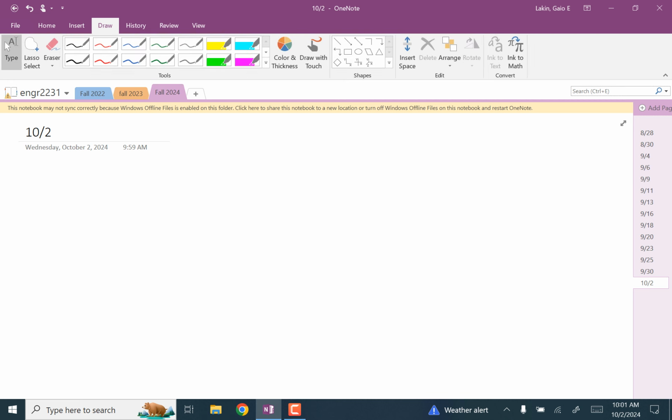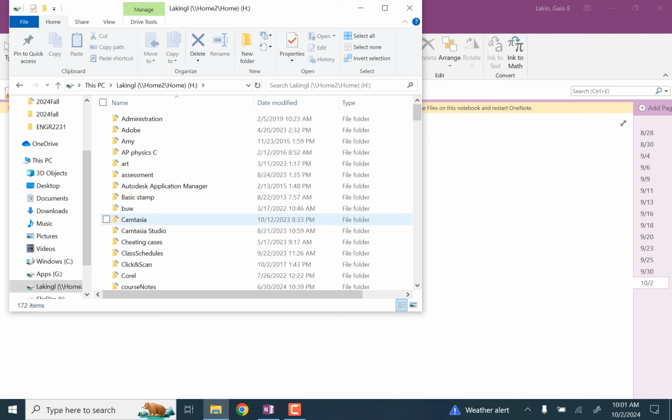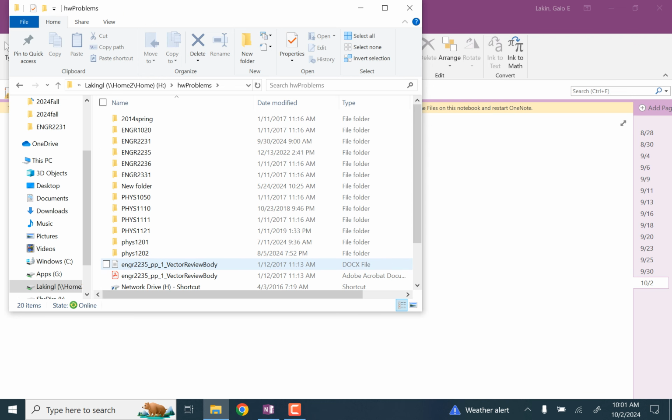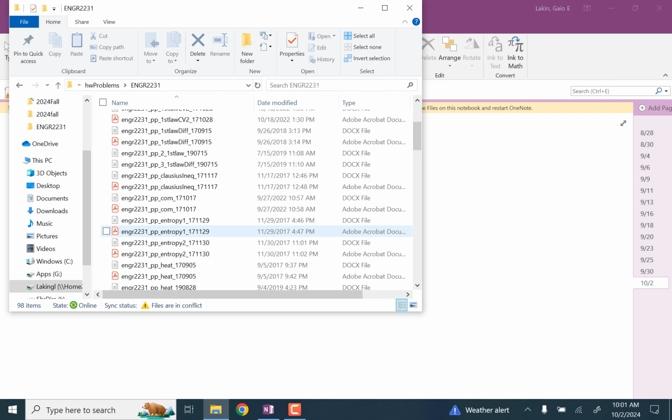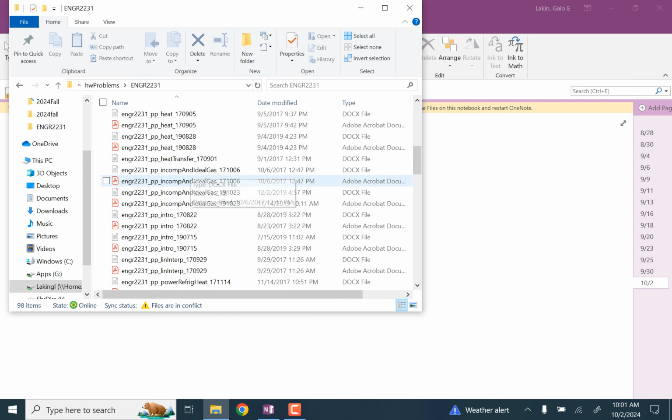Okay, so anybody have any homework questions before I get into new stuff? Oh, 2D. Okay. I thought I got it. Where? This is, I don't have these numbered, so this is incompressible and ideal gas.